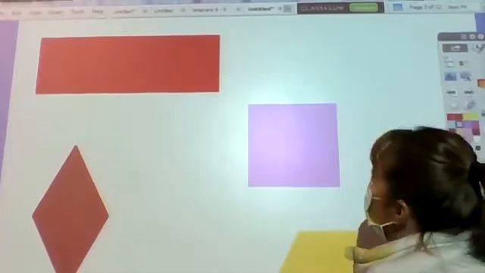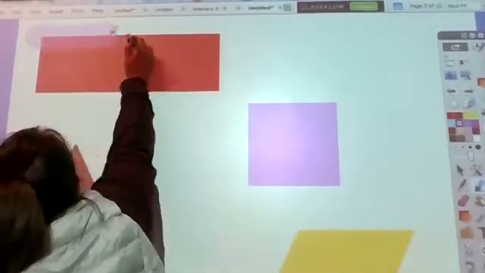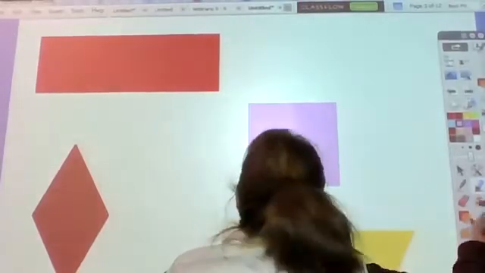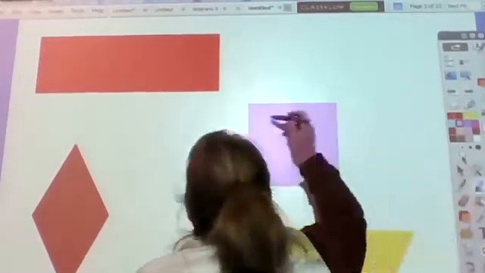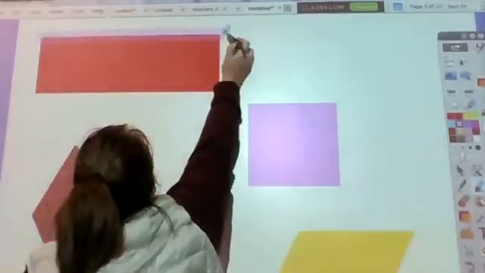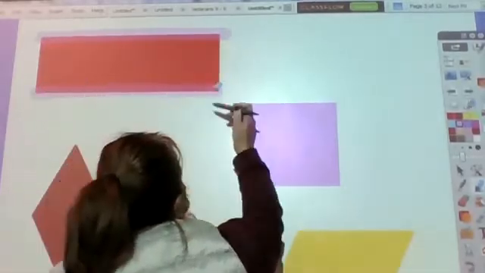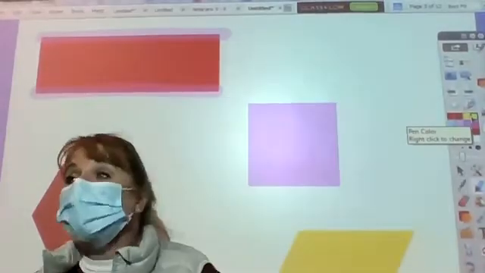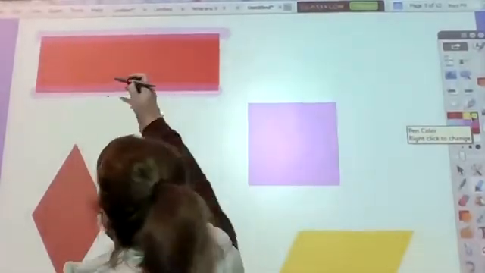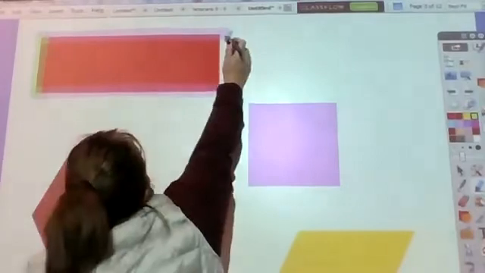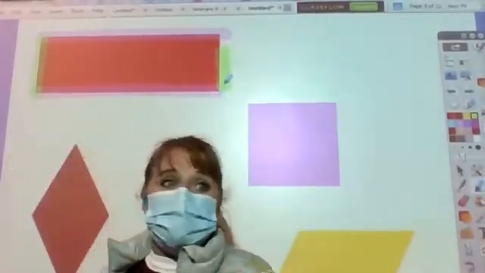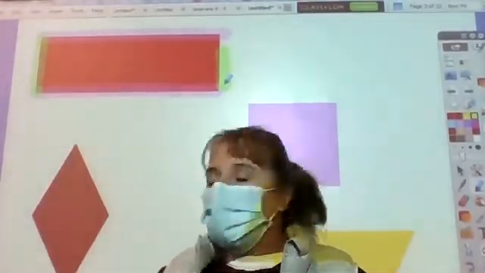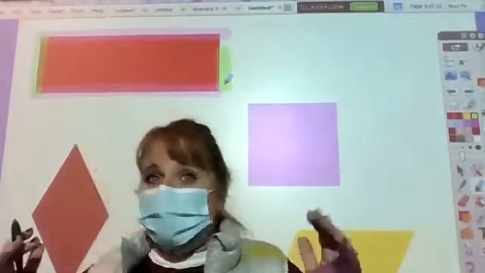If you look at this, this side is parallel to this side, which means they're never ever going to touch. And then these 2 sides are parallel, which means those 2 sides will never ever intersect.